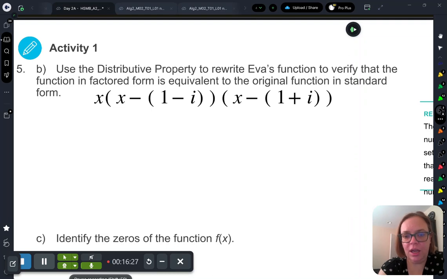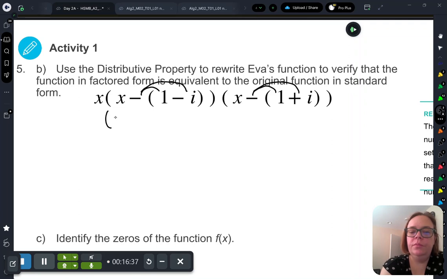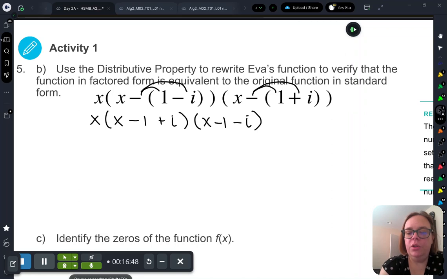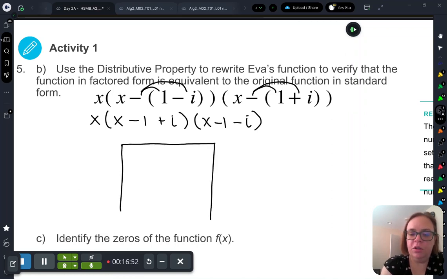Okay, so here's how I got this. This is really complicated because there's three things. I'm going to start by distributing this negative for both of them. So this is going to be x minus 1 plus i, and this one's going to be x minus 1 minus i. And then I'm going to do a 3 by 3 square. I'm going to multiply using a grid, a table, because it's going to be a lot easier since there's three things in each.